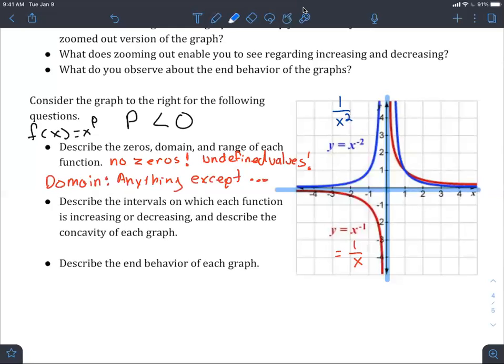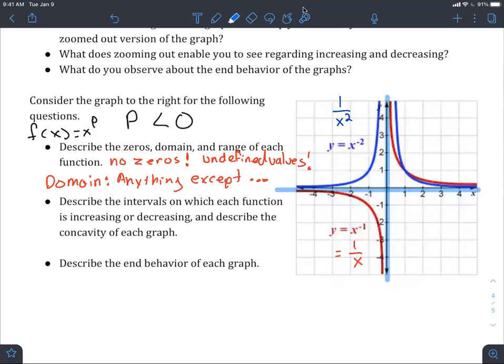And as a result, as our input values in these functions get infinitely bigger, our answers are going to get closer and closer to 0, but they're never going to quite equal 0. So this is where we introduce a new kind of end behavior. I kind of alluded to this in topic 1: we usually have positive infinity or negative infinity, because it's increasing forever or decreasing forever.